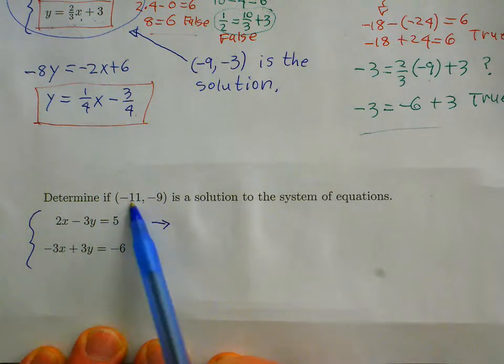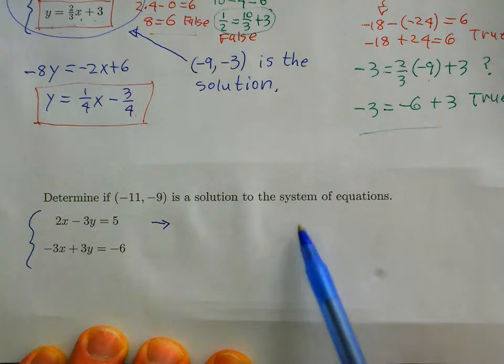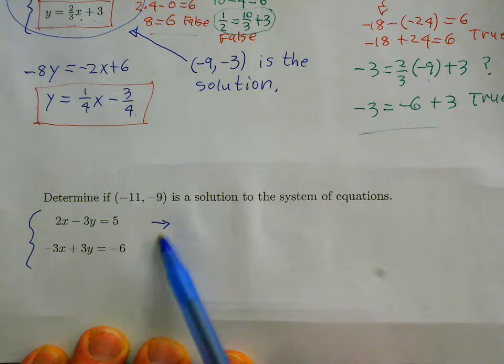Replace x with the x coordinate, negative 11. Replace y with the y coordinate. If we get an equation that's true, then we have to also test the second equation with that point. As soon as we get a false equation, we can stop and say that no, the ordered pair is not a solution.